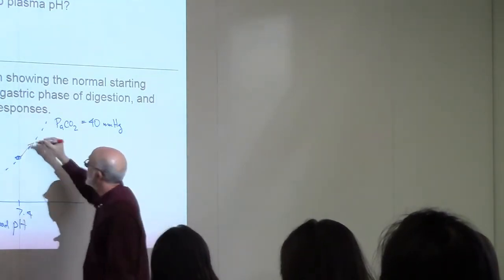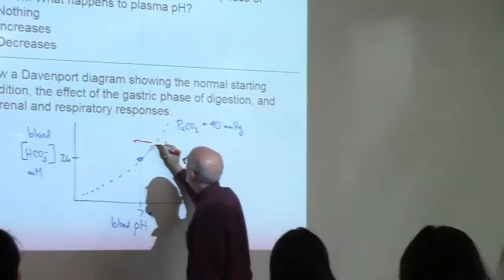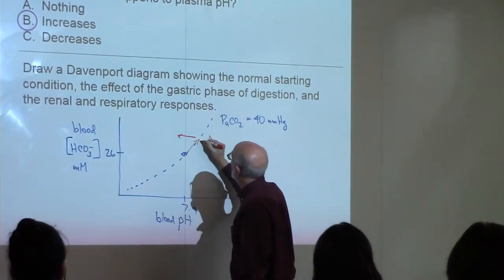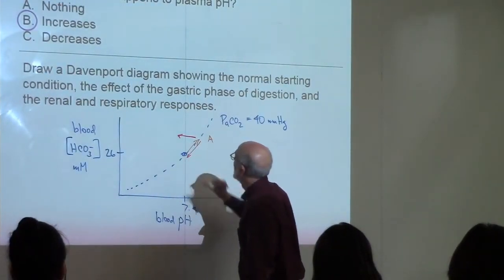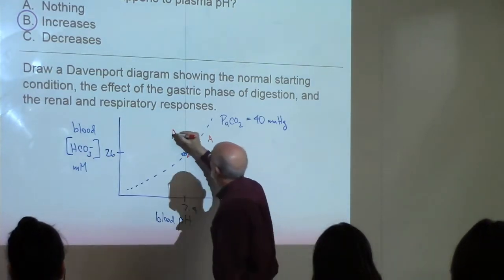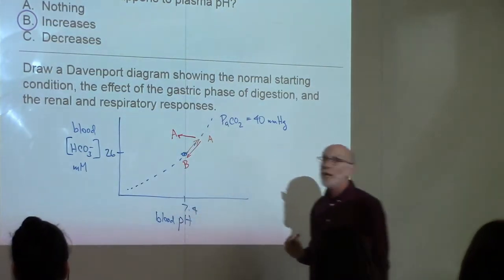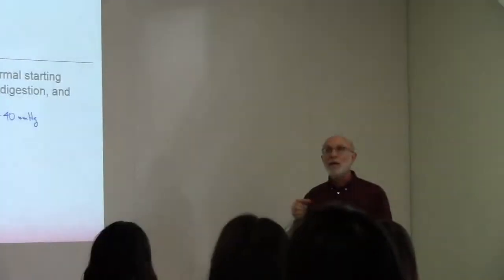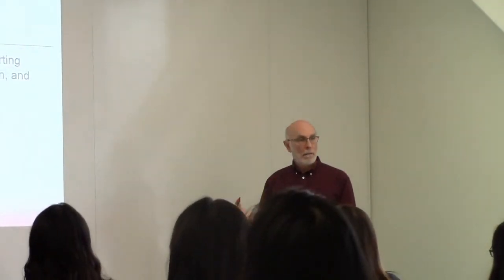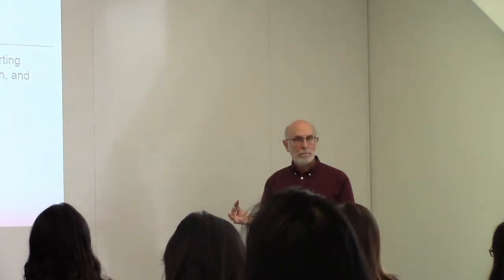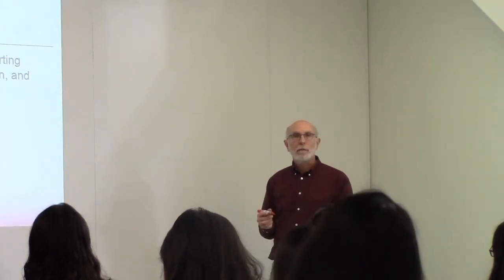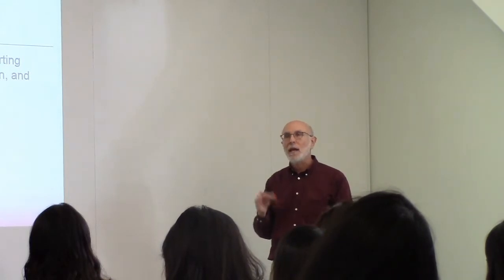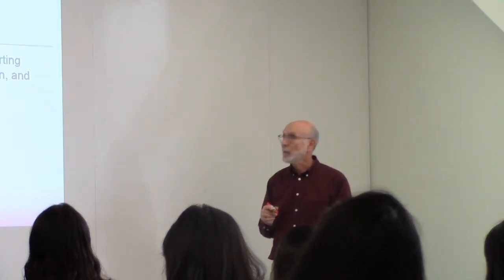Okay, I'll give you three choices. So we move to this point, A or B. A or B for the renal response to the gastric phase metabolic alkalosis.